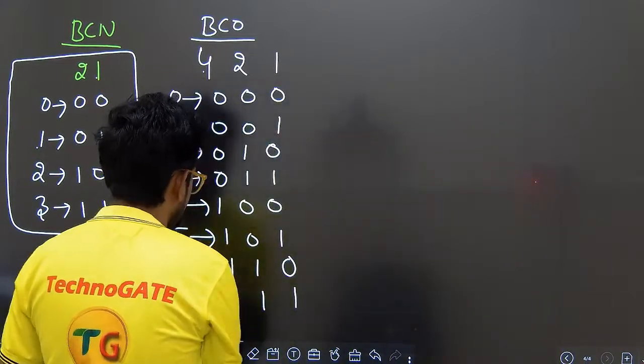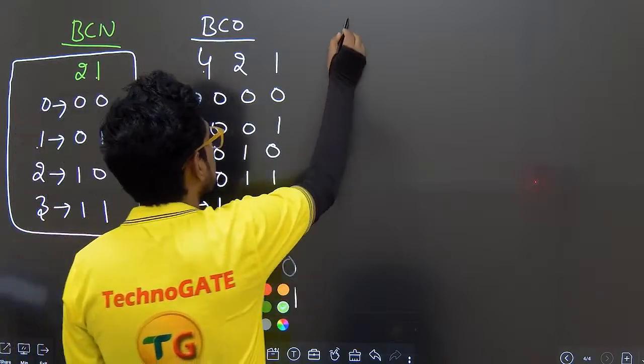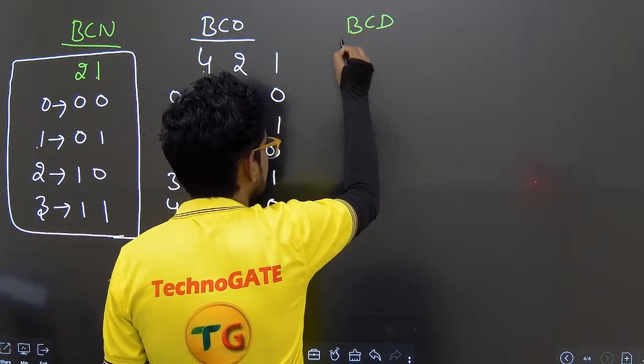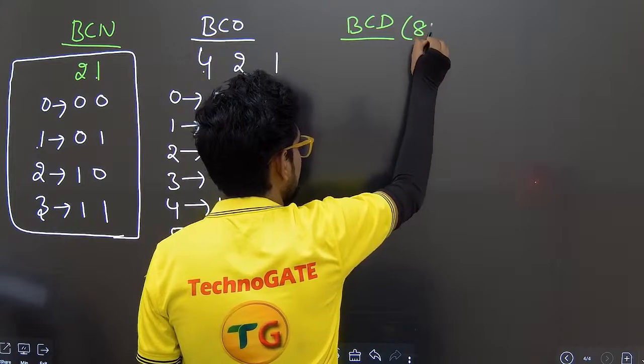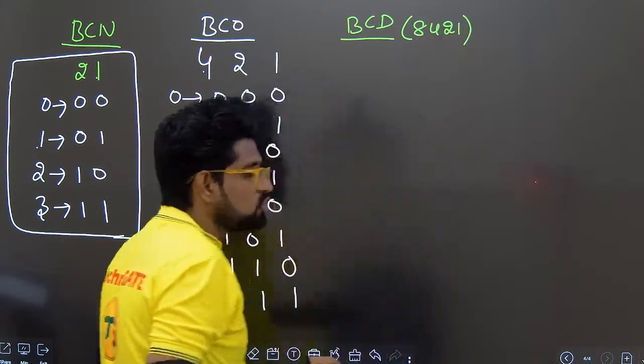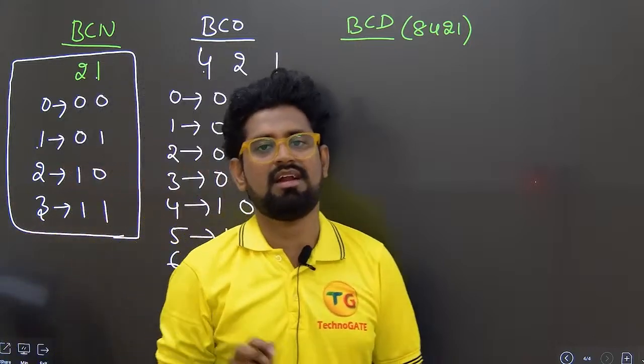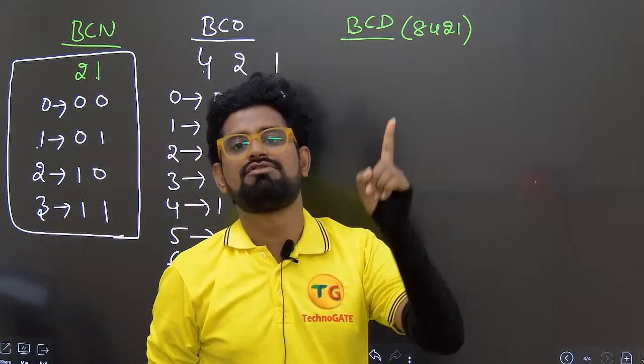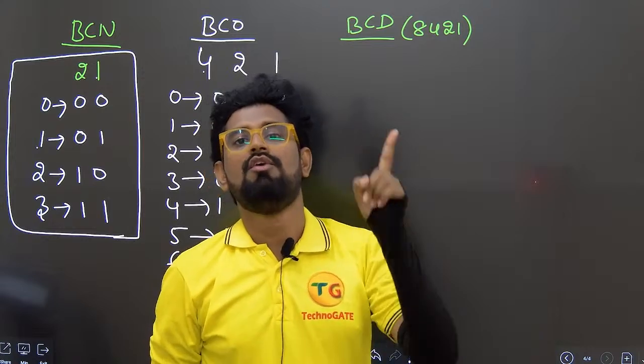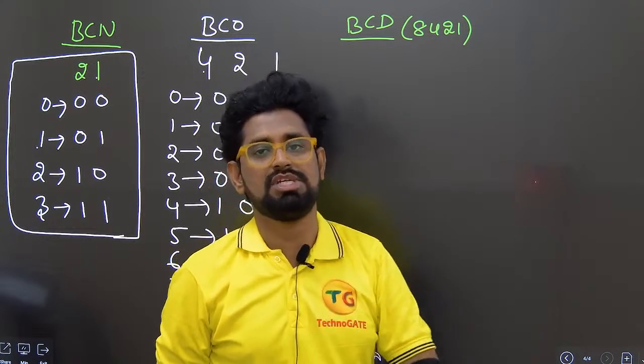The same way, next I want the code for BCD. Just now I said that the BCD code is 8421. BCH code is also 8421, but the difference is very clear cut. BCD is valid from 0 to 9 only, whereas BCH is valid from 0 to 15.